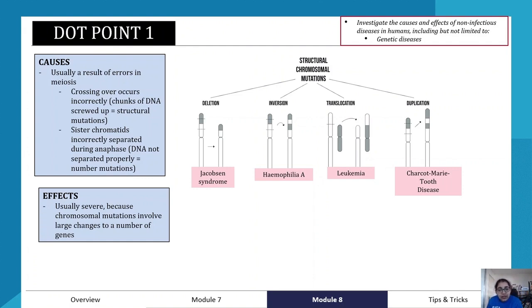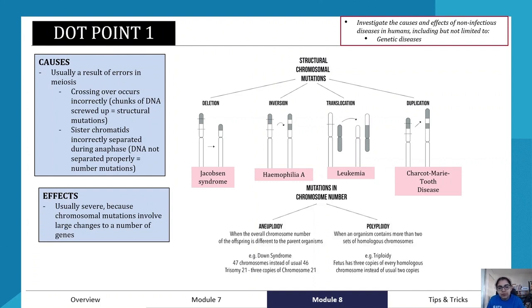So effects are usually severe, and that is because chromosomal mutations involve a large number of genes and changes to those genes, and that's going to then cause changes to the protein sequences and so on. So mutations in the chromosome numbers: there is aneuploidy, which is when the overall chromosome number of the offspring is different to the parent chromosome number.